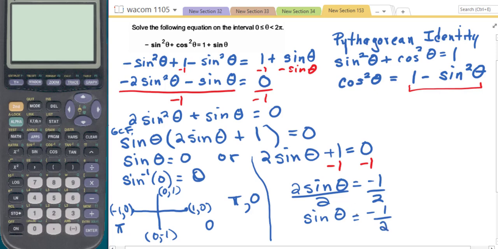You might remember this comes from one of our special triangles. And we want sine to be negative, so sine is going to be negative in this quadrant and also in this quadrant. For it to be negative 1/2, this is going to come off of a 30-degree triangle.